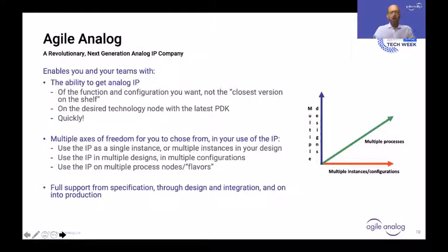On top of that, you have multiple axes of freedom on how to use your IP. You could use it as a single instance or as multiple instances in your design. You could use it on multiple designs and multiple configurations, and you can even use it across multiple process nodes or flavors. Finally, we provide full support from specification through to design, integration, and on into mass production.